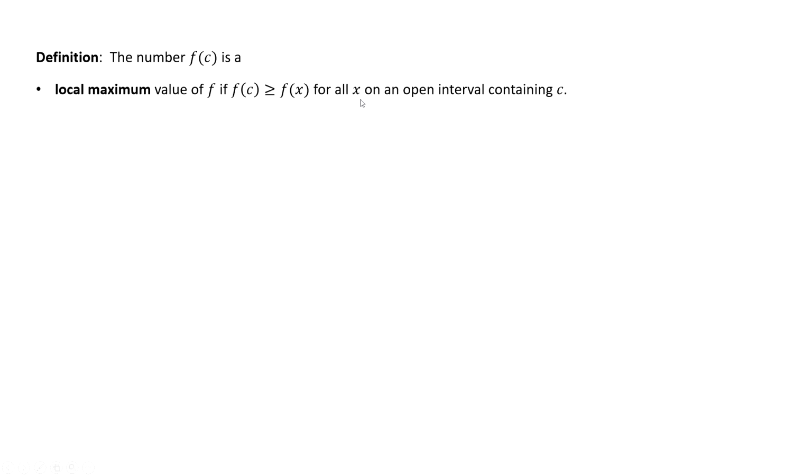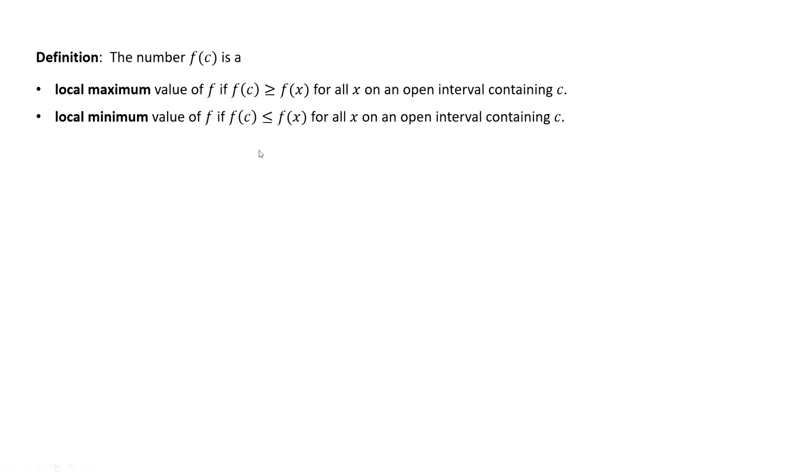But here is the difference: for all x on an open interval containing c. That's the key. So f of c must be bigger than or equal to all the f of x's where the x values are in the neighborhood of that c, or in the open interval containing c. I'll show you with a picture exactly what I mean.